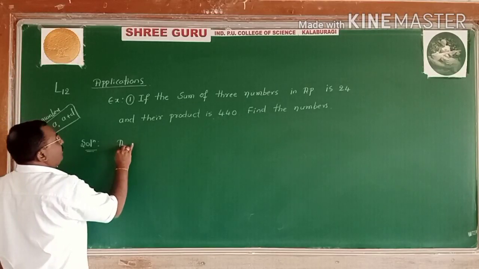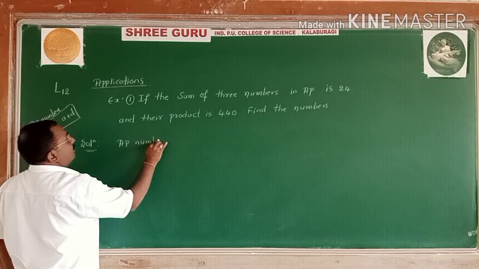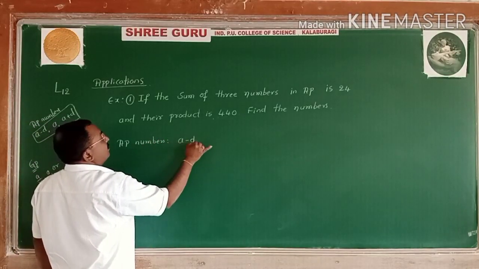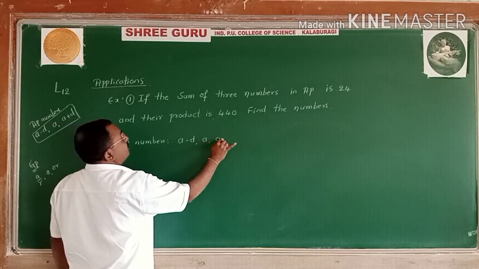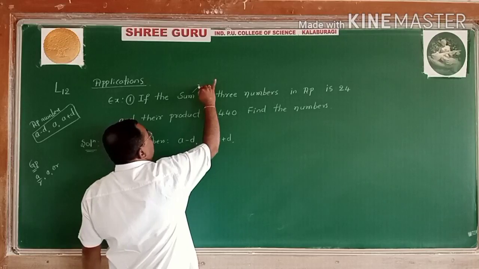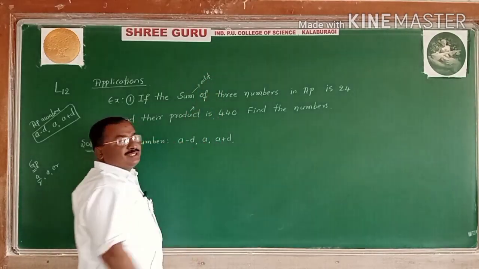Let the AP numbers be only 3: A minus D, A, A plus D. Here sum means add, and product means multiplication.